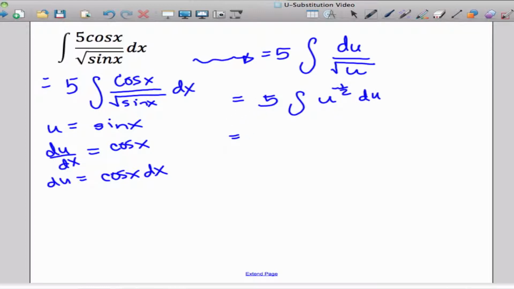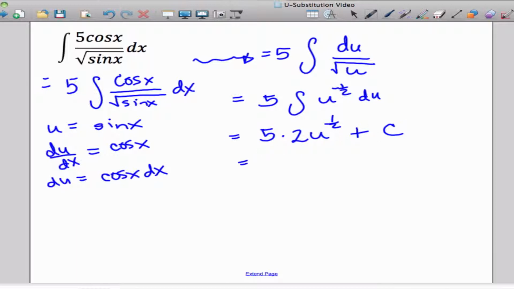Okay, so when we integrate that, we can use the power rule for anti-differentiation. So we have 5 times u to the negative 1/2. We want to add 1 to our exponent, so negative 1/2 plus 1 is positive 1/2. And now we divide by our new exponent. Dividing by 1/2 is the same thing as multiplying by 2, and then we have plus c, plus any constant.